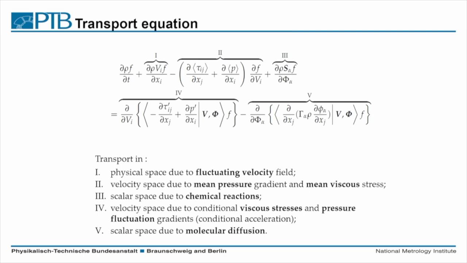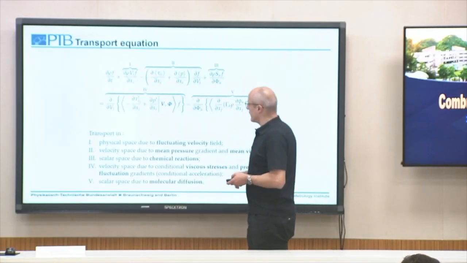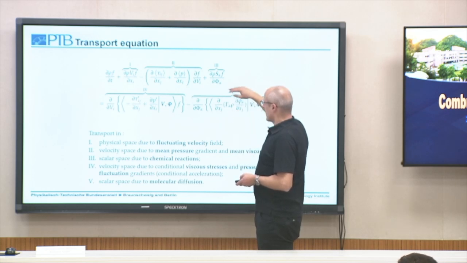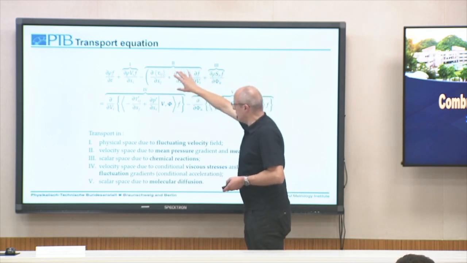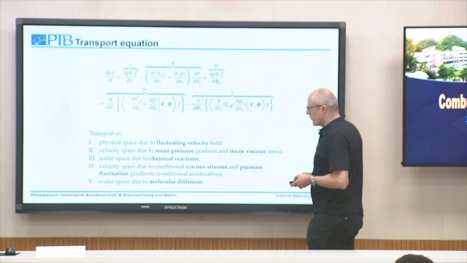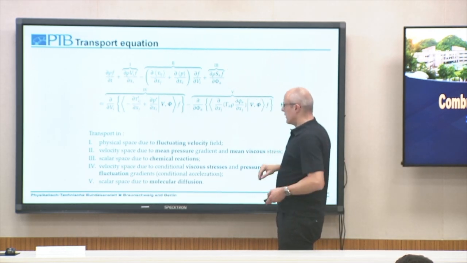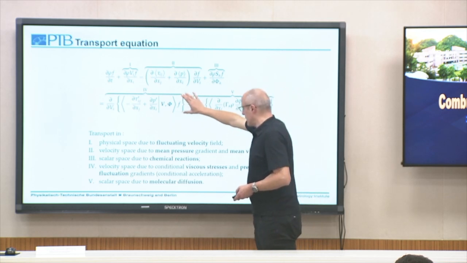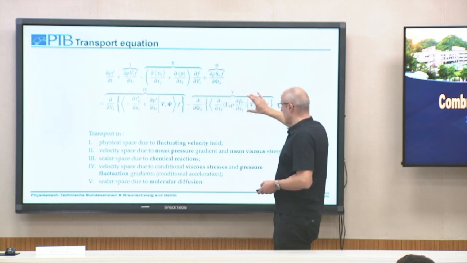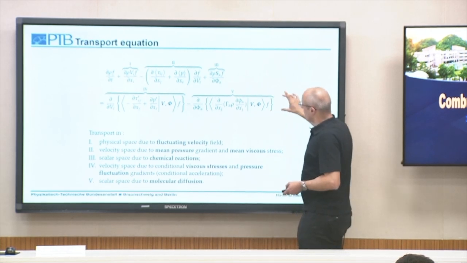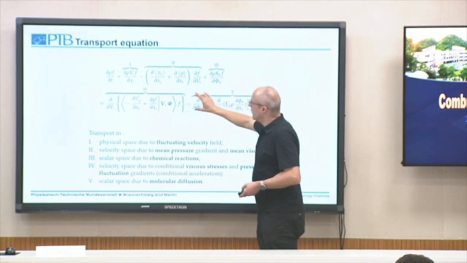And I do not go into the details here, but the advantage of this PDF setup is, okay, we have a physical space here, where we have a fluctuating velocity field. We have a velocity space here. We have this scalar space due to chemical reactions. We have this velocity space due to viscous stresses and pressure fluctuations. And finally, we have the molecular diffusion here.